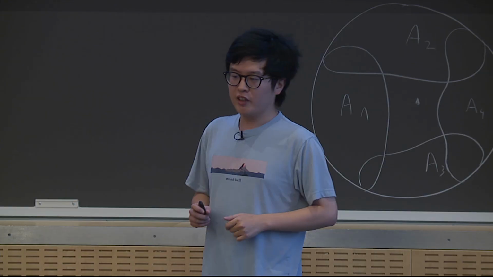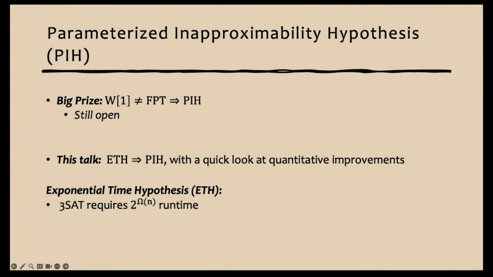We will focus on how to prove PIH. The big prize would be to establish PIH under the weakest assumption, W1 does not equal FPT, but this is still open, and we don't know how to do that. In this talk, we will rely on a weaker assumption, ETH, to prove PIH, and we will also give a quick look at some quantitative improvements.